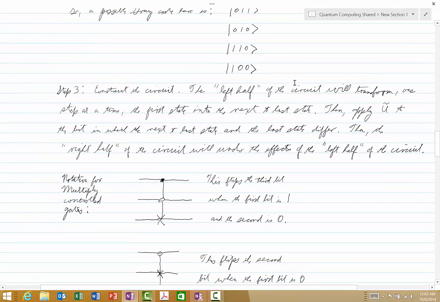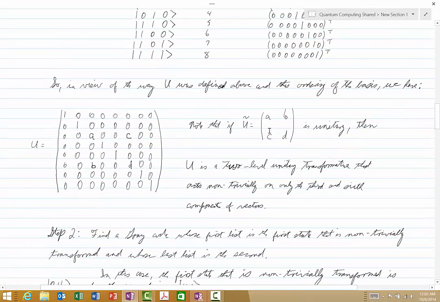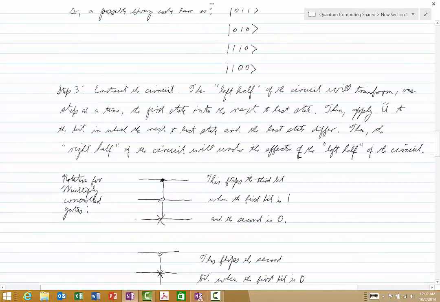The left half of the circuit will transform, one step at a time, the first state into the next to last state. Then apply U tilde. Remember U tilde up here. It says apply U tilde to the bit in which the next to last state and the last state differ.